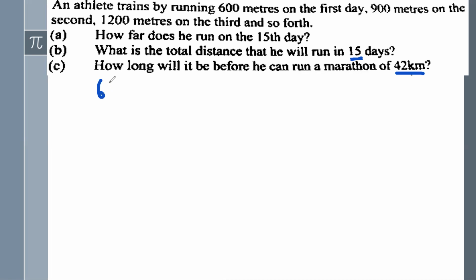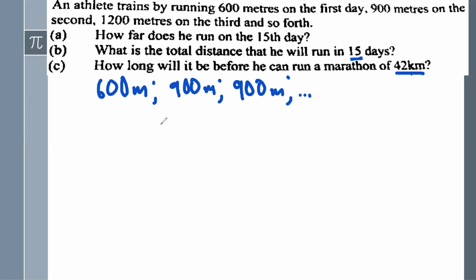So first of all, I'm going to put up my terms here. I know this athlete runs 600 meters. Whether you put the units or not, it's really immaterial, but you may want to do that so that you remember everything that you give as an answer has to make sense, okay? So, and so on, dot, dot, dot.